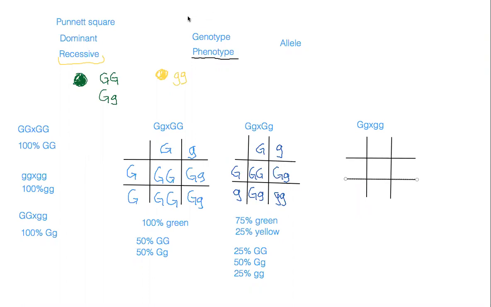From this one, we are going to have these two options for the parents, because one of them is homozygous for the recessive trait and the other one is heterozygous. It doesn't matter where you put it in here, just be sure that one of them is one of the parents and the other one is the other parent.